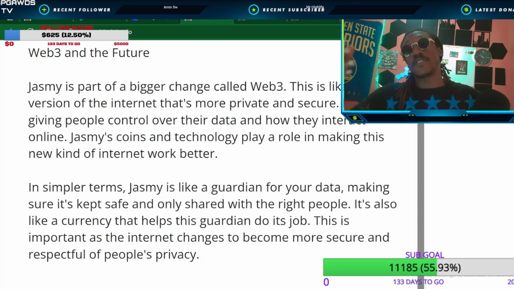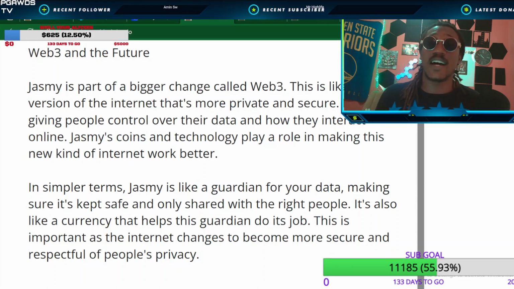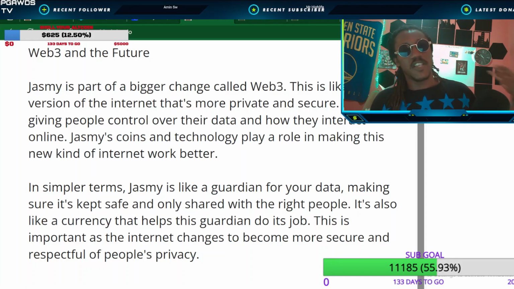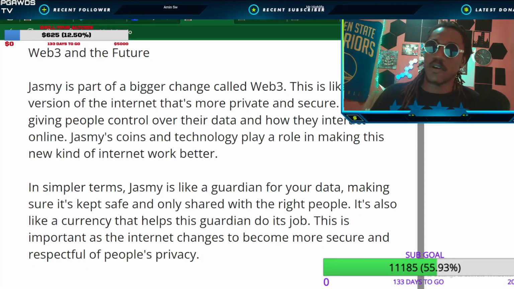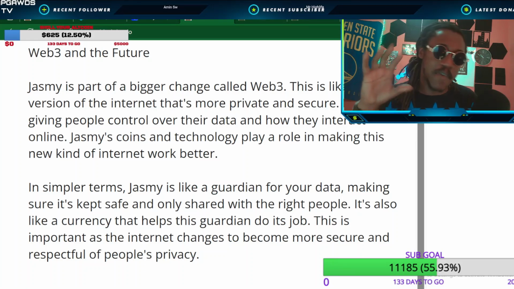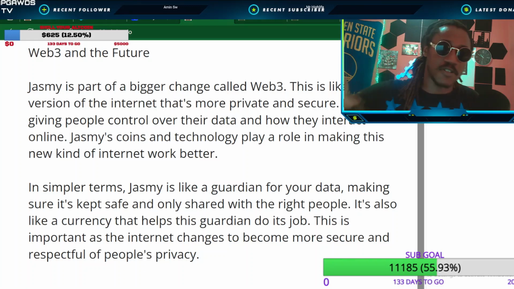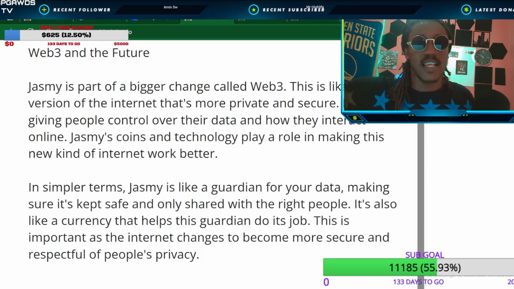By interacting with the Jasmy ecosystem and holding on to a small portion of Jasmy, you're putting yourself in a position to monetize your data. So now these big tech companies, these third-party companies can't bounty your data without your permission, because now your data is protected and locked in the Jasmy ecosystem.